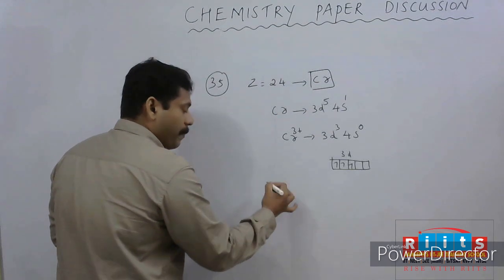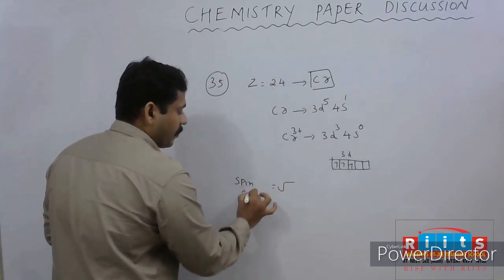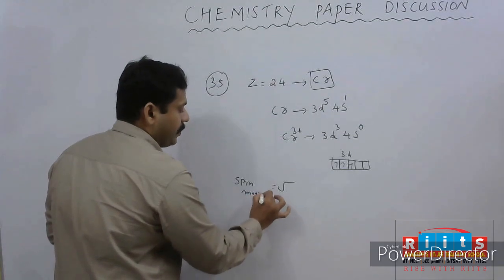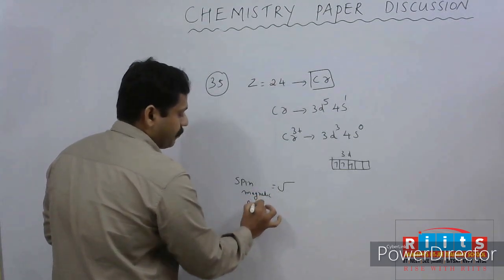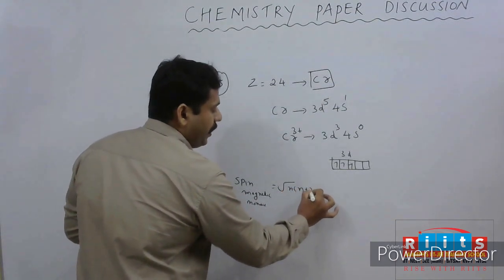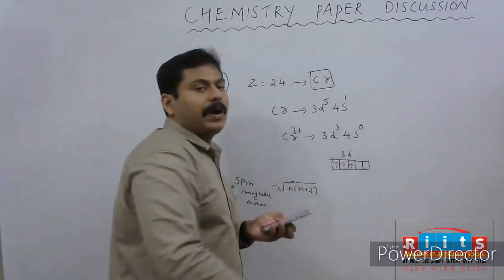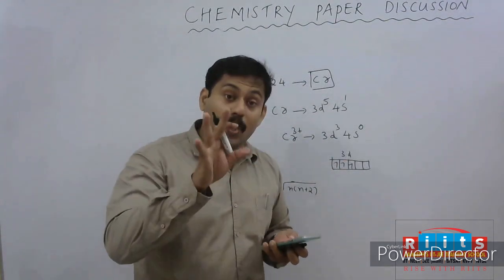The spin magnetic moment equation we know is root of n into n plus 2, right? But do not waste your time; I will give a trick. Whatever the number of unpaired electrons, the answer will be close to the root of the next digit squared.